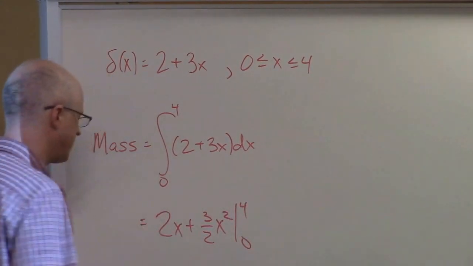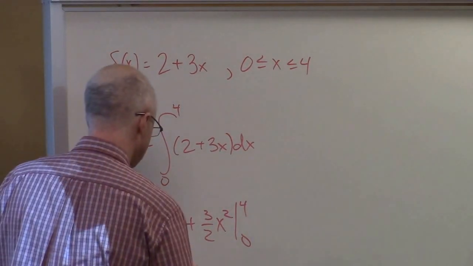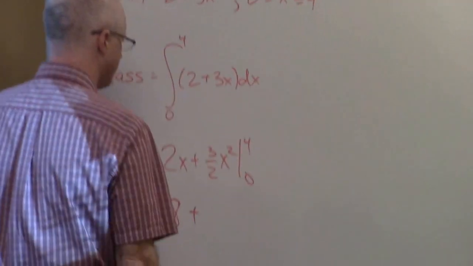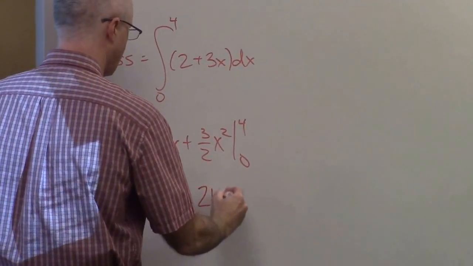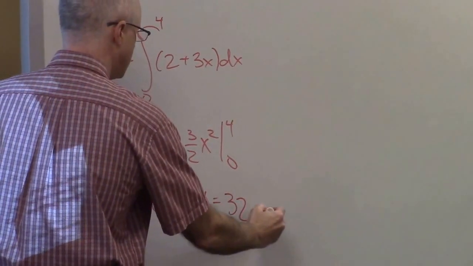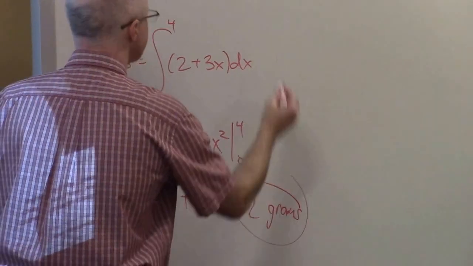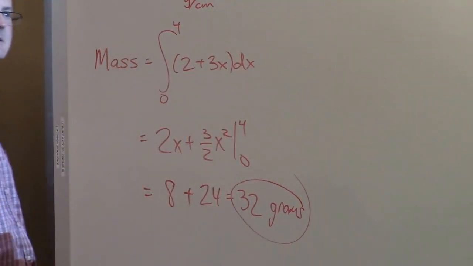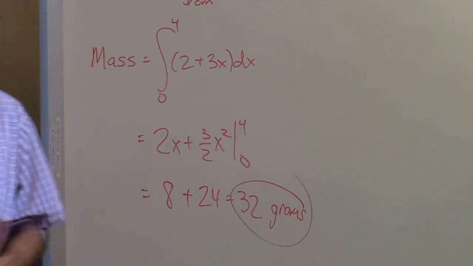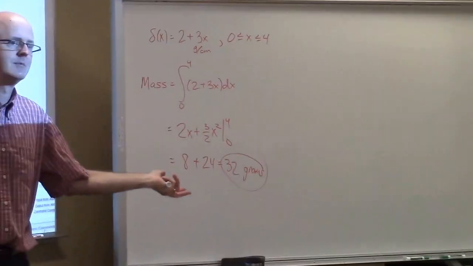Work this out in your mind with me, so you're checking to make sure I don't make a mistake. 2 times 4 is 8. 4 squared is 16, divided by 2 is 8, times 3 is 24. It looks like 32. Don't forget your units. Grams, if this is in grams per centimeter, and the x is in centimeters. That's pretty nice, actually. A pretty easy integral to do.